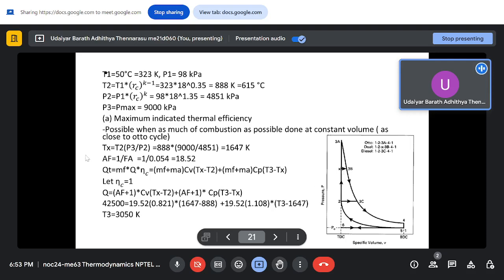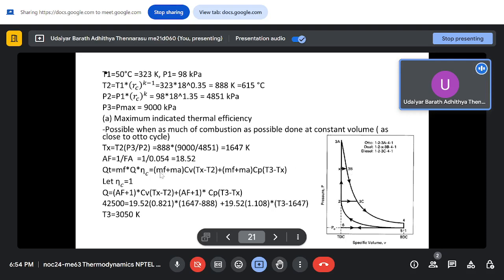Now we know the air fuel ratio, which is 1 by the fuel air ratio given, which is 18.52. This is nothing but mass of air divided by mass of fuel. The total heat added, in this case, is from state 2 to x and x to 3.